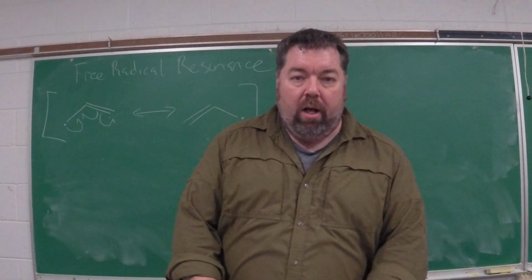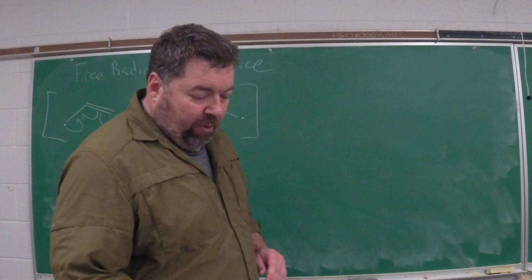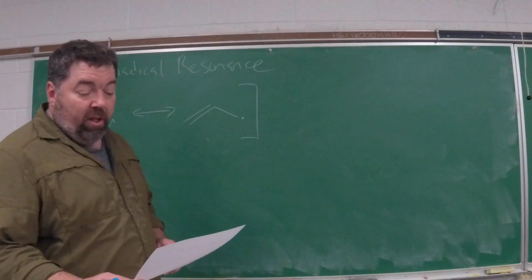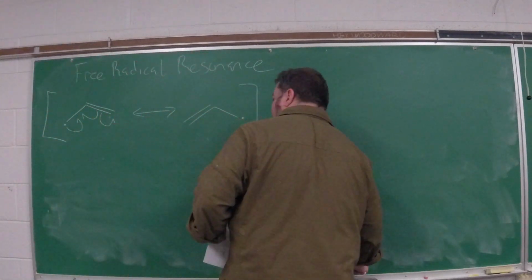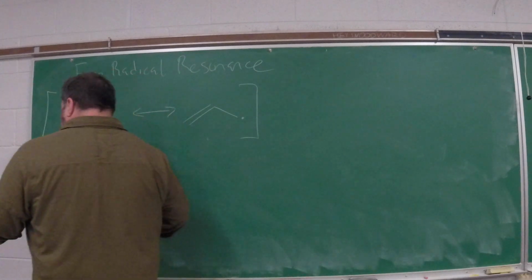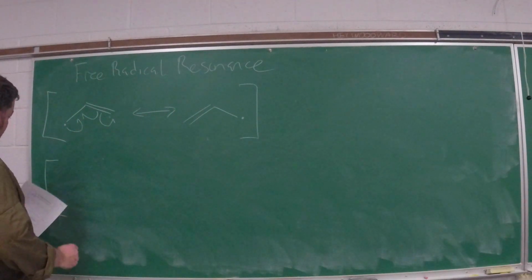Let's take a look at a little bit more complicated example. Let's take a look at the resonance in a benzylic radical, right? Again, let me erase this. Well, I guess I can do it down here. I think I'll draw all of them.